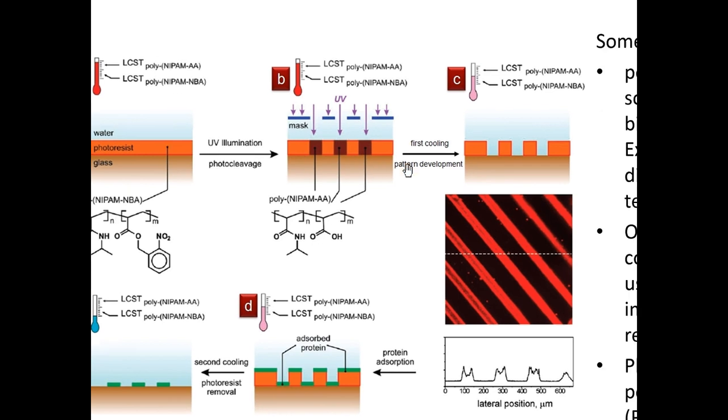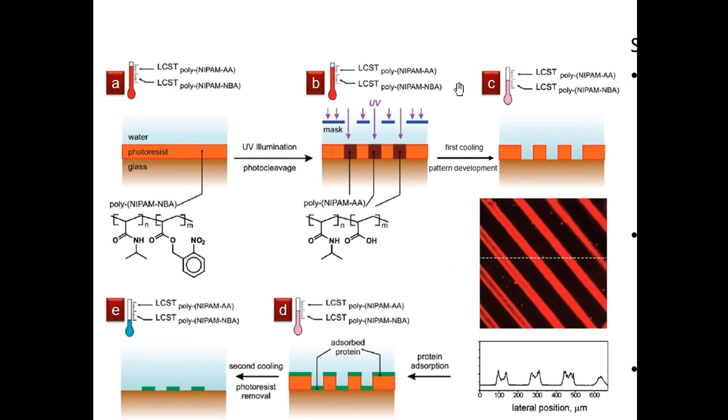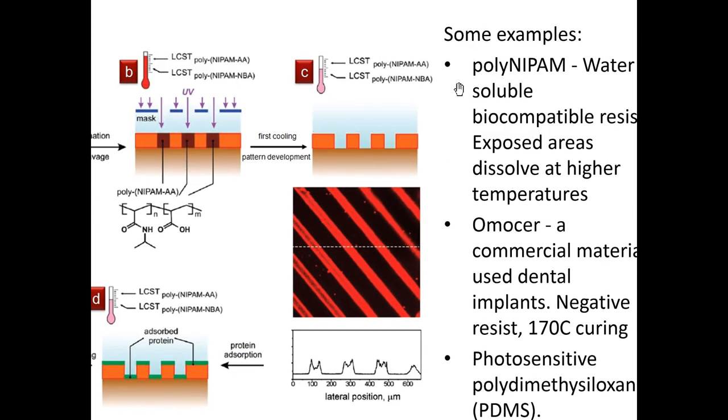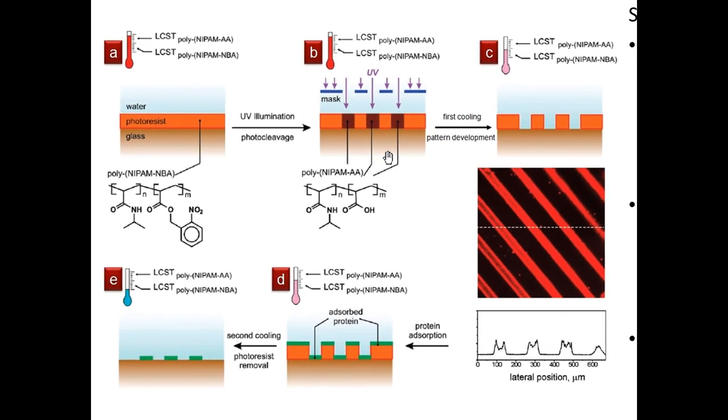Then you change the temperature. Notice that we're going from high temperature to lower temperatures here. As I mentioned, the exposed areas dissolve at higher temperatures, so these are dissolved, but the non-exposed areas remain when we cool it. All right, then you go to step D.